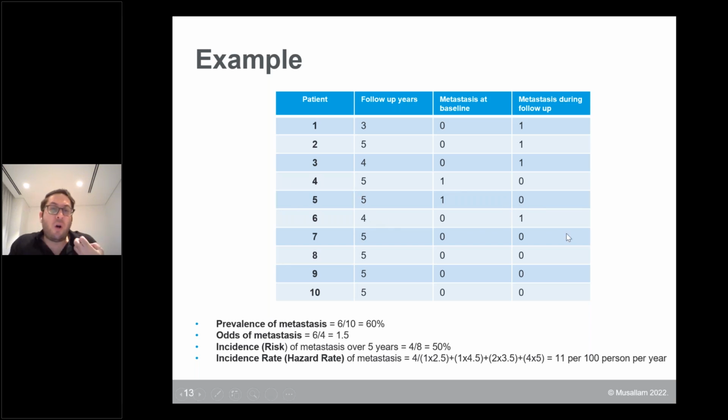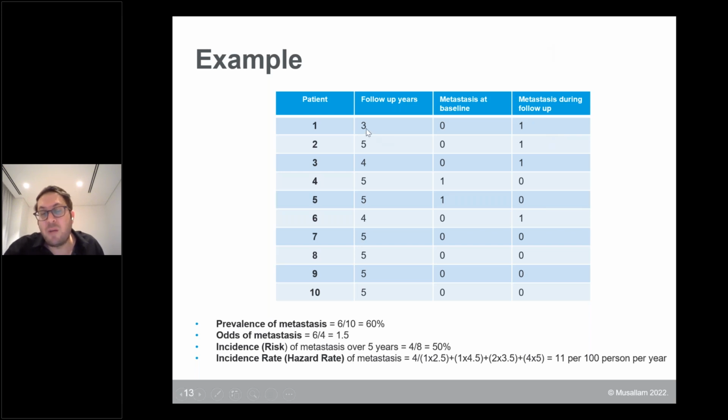We also tag a number for how much we actually followed these patients. If you look here, the first patient was followed for 3 years. But we put 1 times 2.5. Why do we say 2.5? Because we don't know when during this year they got the metastasis. The time they got the metastasis, you got your outcome, and the follow-up stopped.